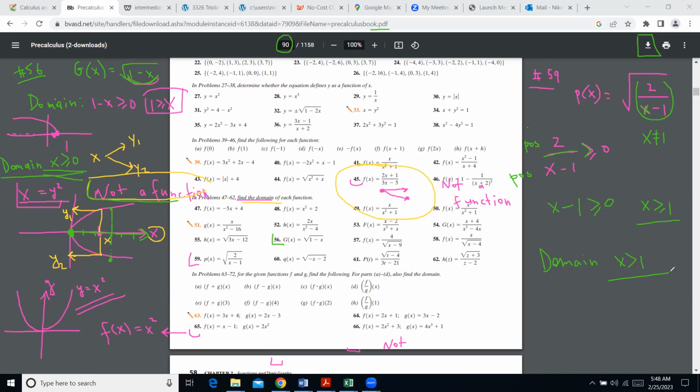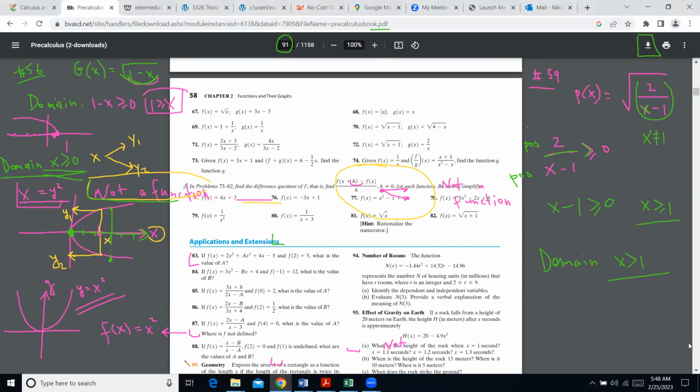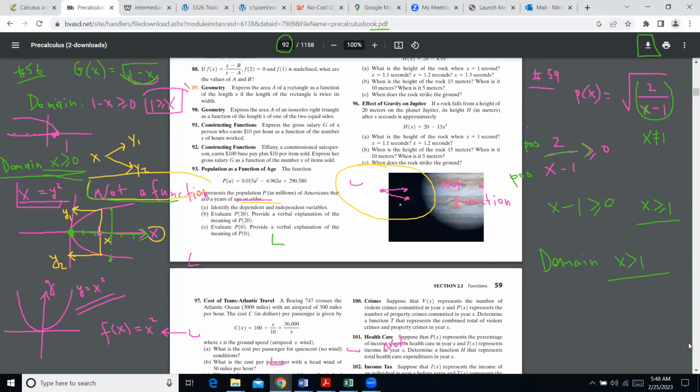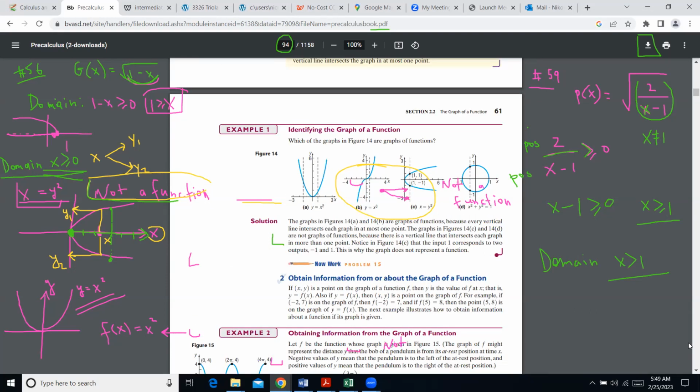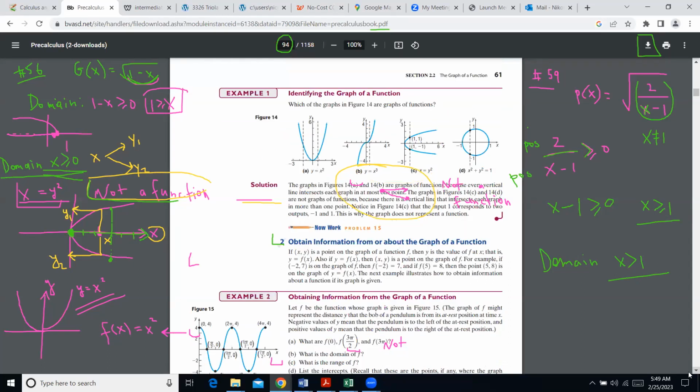And again, domain is helpful to get a graph. And later we're going to use this, of course, but not much at this stage. So I'd like to move on to the next section that actually talks about the same exact thing again.